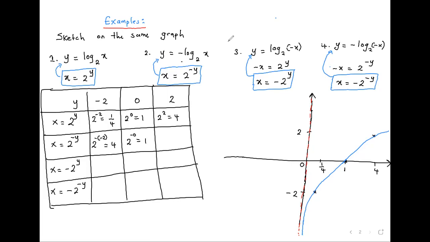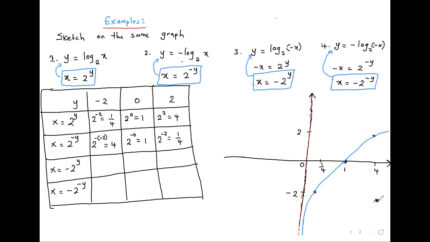Okay, so we finish up the second line. When y is 2, we'll have 2 to the power negative 2, which is 1/4. So we plot the points. So we have -2, 4.